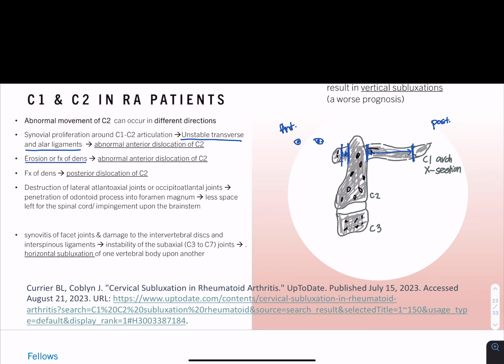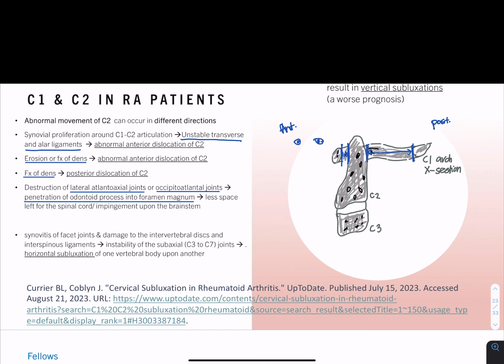Posterior dislocation of C2 can also occur with fracture of dens. When there's destruction of lateral atlantoaxial joints or occipital atlantal joints, dens can actually penetrate upward into the foramen magnum. That sounds pretty bad, right? Because there's less space left for the spinal cord, and there's a potential for brainstem impingement.